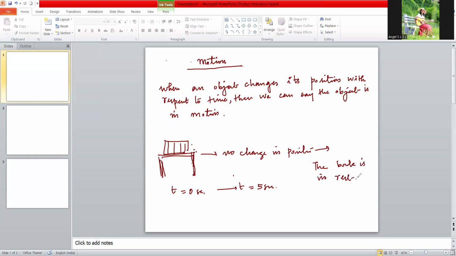Correct? And next we'll be seeing about equations of motion, or we can see the speed. What do you mean by speed?